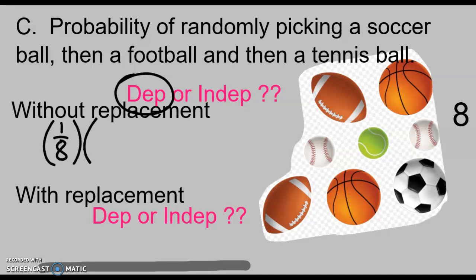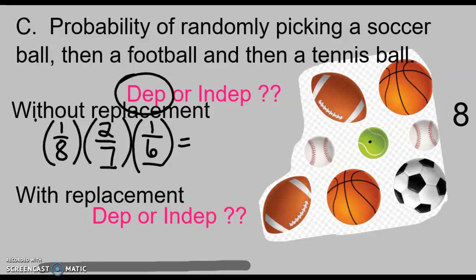Probability of picking a football, well, 2, but there's only going to be 7 things left. And then picking a tennis ball, well, that's 1, but now there's only going to be 6 things left because I've kept them out. So not replacing it means you have 1 less each time for the next event. That's what makes it dependent.